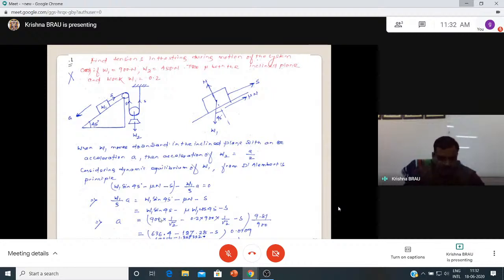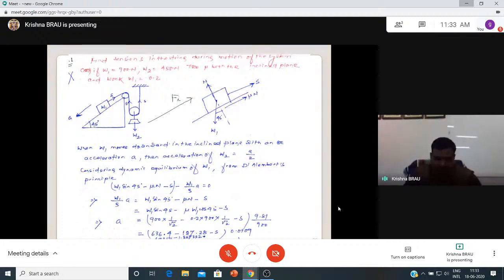That's why this is a positive sign and these three are negative signs. Inertia force we have to consider.